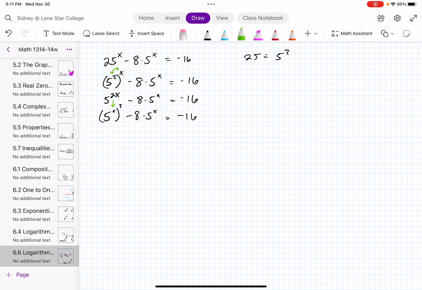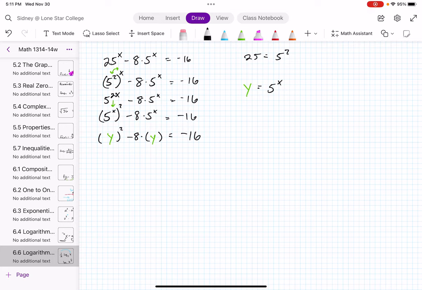And I did that because what I really want you to see is if I do a little bit of substitution, if I say y is equal to 5 to the power of x, what you're going to notice is this. This problem actually becomes y squared minus 8y equals negative 16.